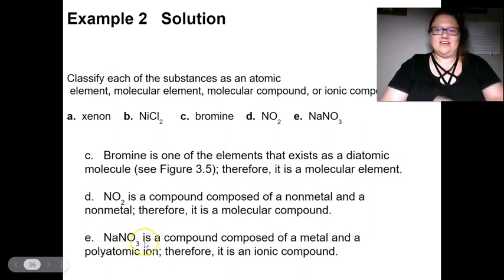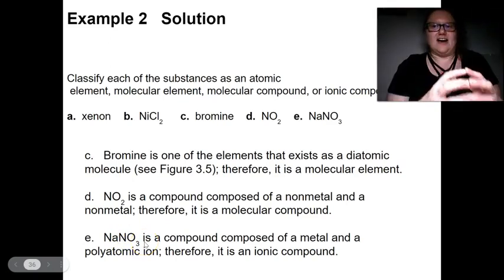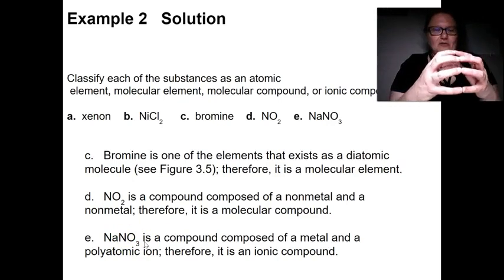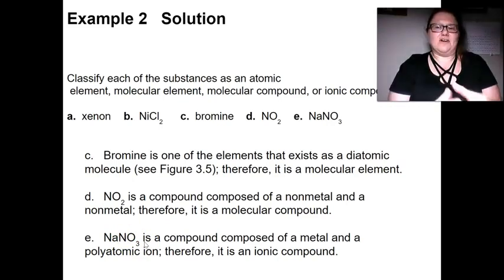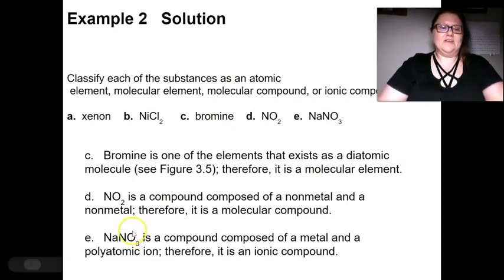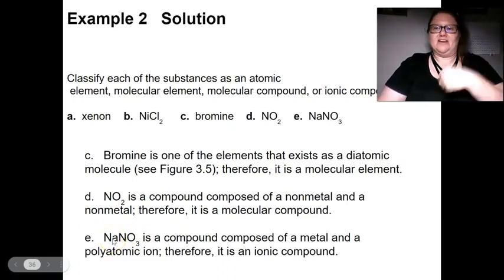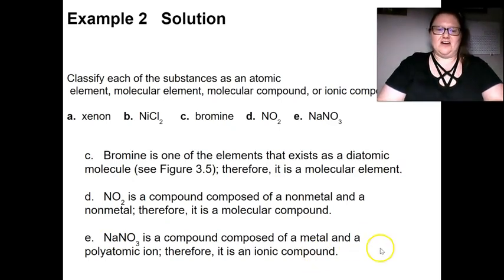The NO3 exists as one big chunk ion. So it's covalently bonded in itself, but it has a charge. So we call that a polyatomic ion, poly meaning many atoms. So the NO3 is one unit that stays together, and the Na is sodium ion by itself. So this is an ionic compound because we have a polyatomic ion and a metal.